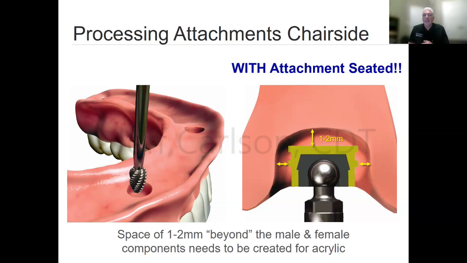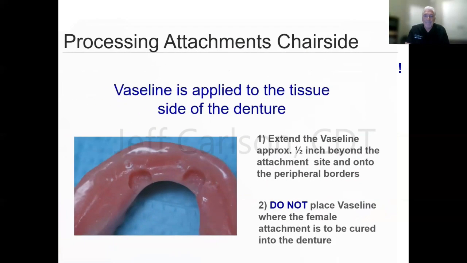Quick Up is a nice one. Stellar Material is another good one. Sterngold Easy Pickup. These are some good materials, but for bonding, some do need bonding agents. You want room in here for that material when you're bonding these attachments into the denture for strength. Otherwise, they're just going to fracture out in no time.